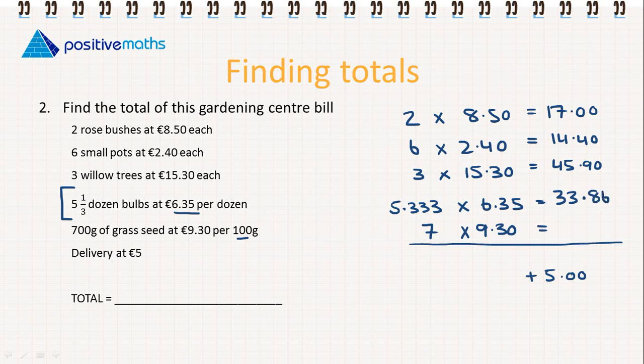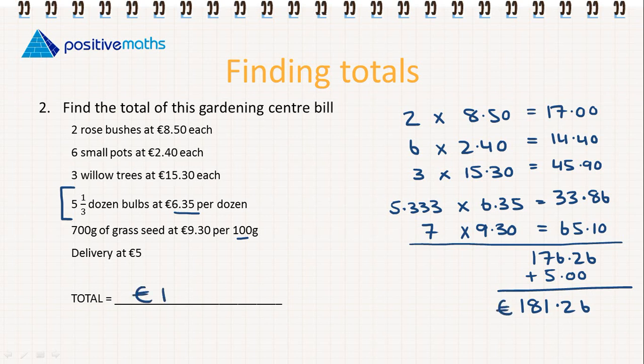So it's going to be 33.86. And we have 65.10. Now we need to add all of these to find our total, which will come to 176.26. We're adding on €5 for delivery, so we will get 181.26. And again, always remembering our units.